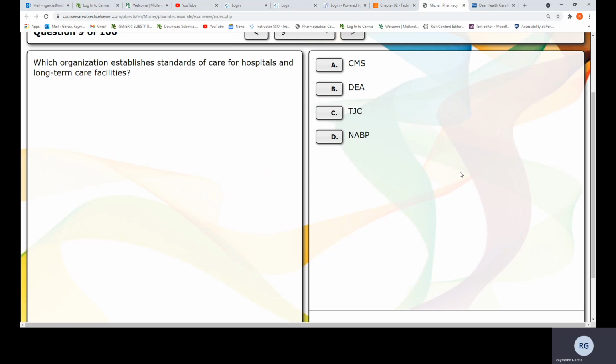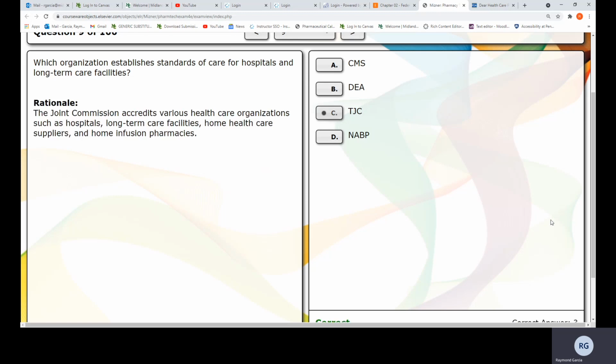Yeah, medical. Joint Commission accredits various healthcare organizations such as hospitals, long-term care facilities, home health care suppliers, and home infusion pharmacies. Them and OSHA, they kind of work together and they both give a whole hospital, not just the pharmacy.